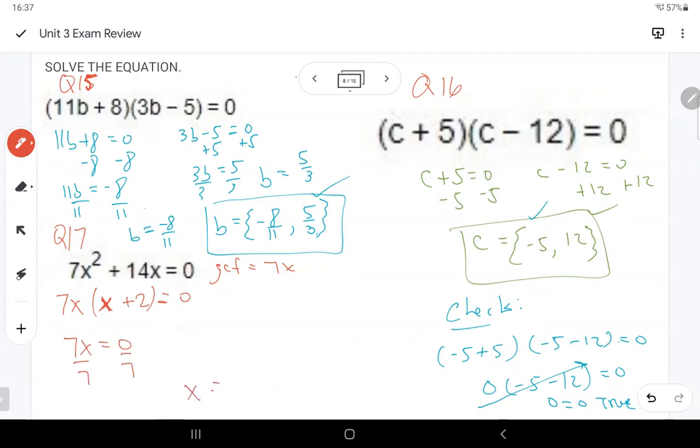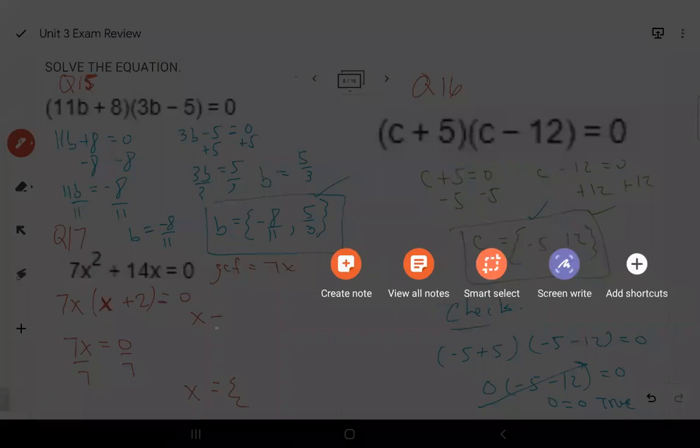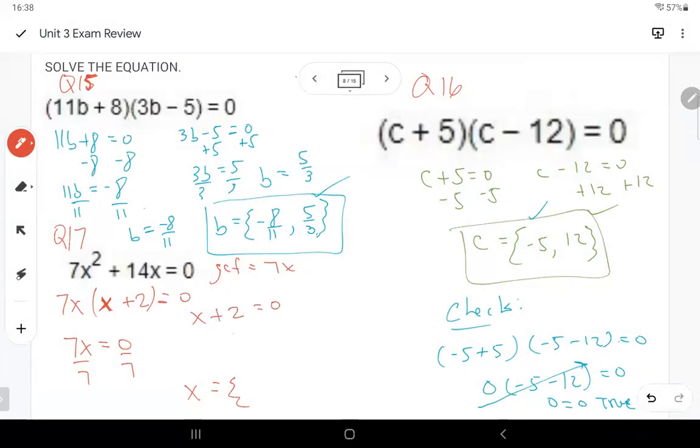We have x equal to 0 as an option. We will also have negative 2. So negative 2, 0 in our set. Again, doesn't matter.